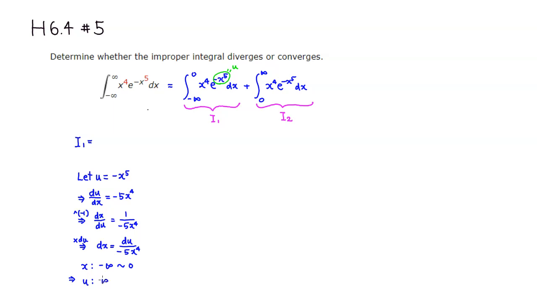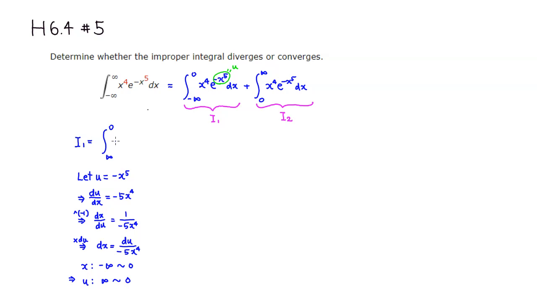If you plug in 0, it's 0 anyway. So we have an integral from infinity to 0.